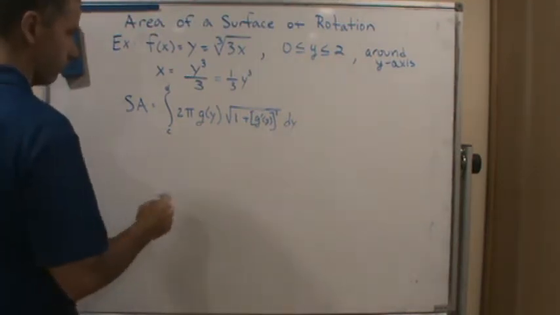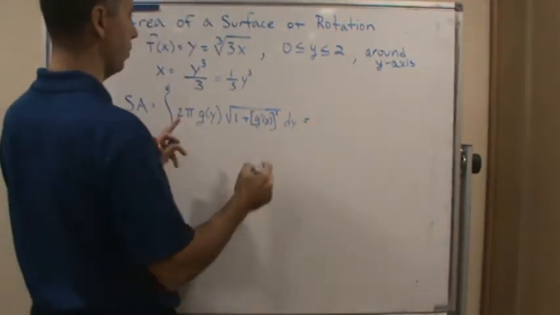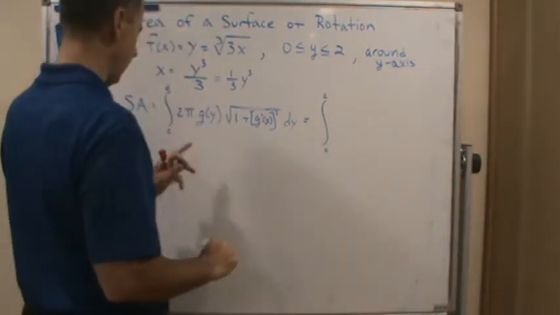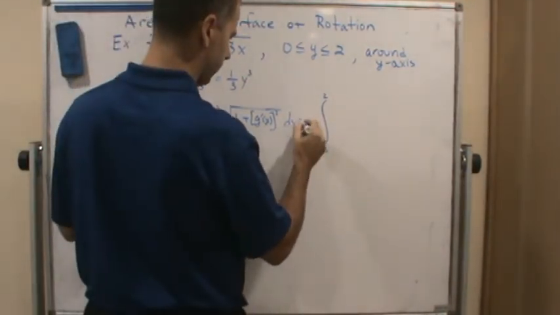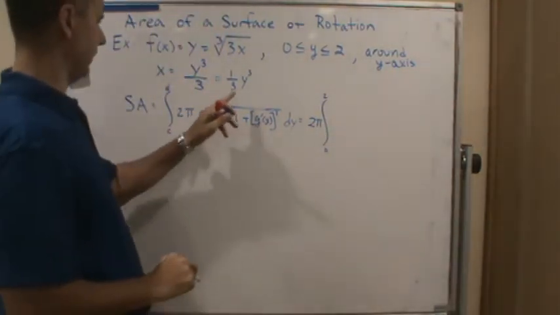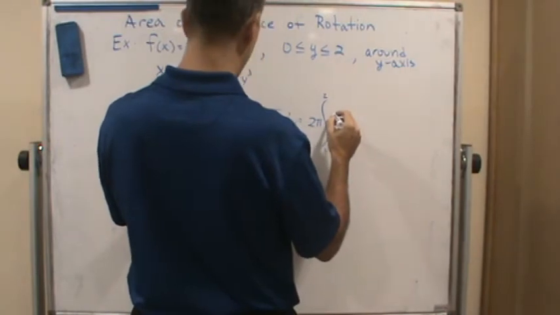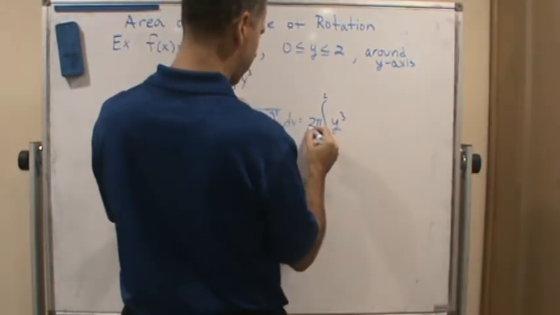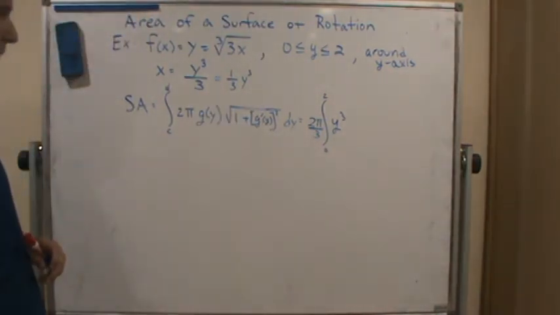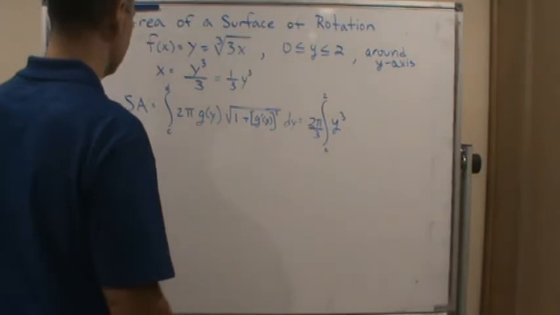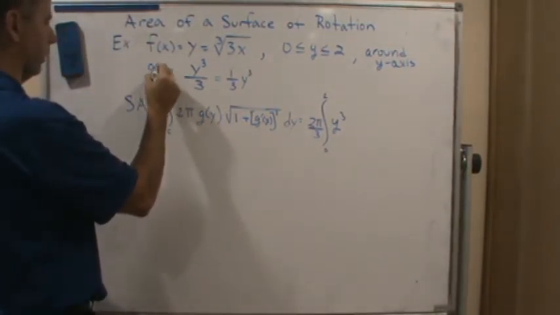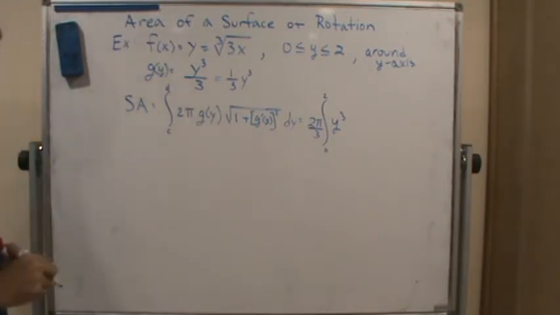Now, let's plug in the information. So we're going from 0 to 2 in the y direction. And then 2 pi, I'm going to pull that out again, since it's a constant. And then g of y is 1/3 y cubed, but I'm going to pull the 1/3 out because it's also a constant. Now, what is g prime of y?